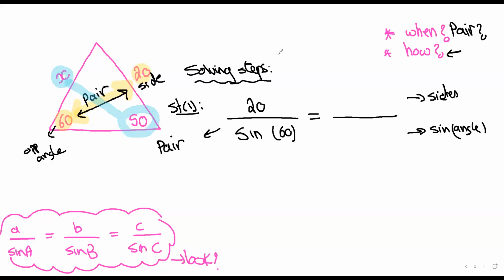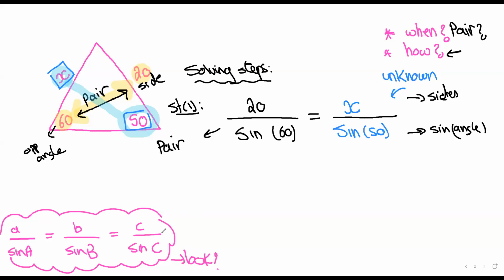So in the other fraction, I put the unknown. I am required to calculate this side over here. Do I have its opposite angle? Yes. So the side over sine of the opposite angle, sine 50. And this is step number 1.